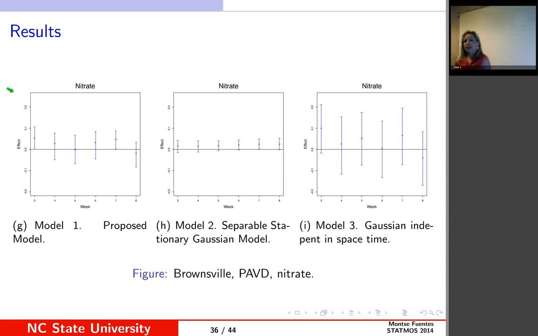When that is positive, it means that the effect of the birth defect, in this case pulmonary, with regard to exposure to nitrate, is significant. So if it's positive and significantly different from 0, we have a significant positive impact of pollution on that particular birth effect.